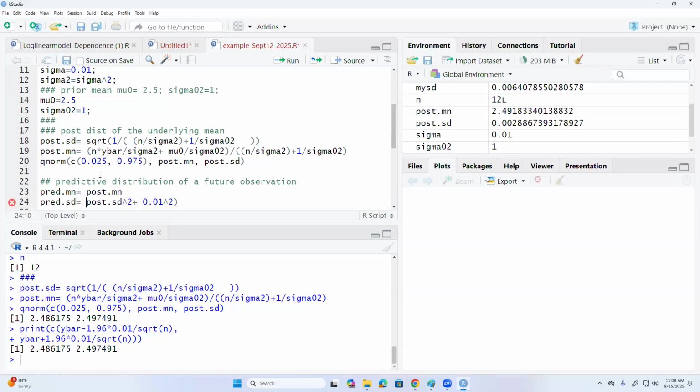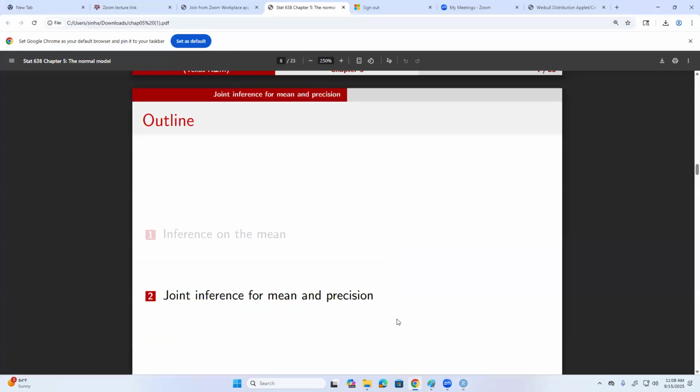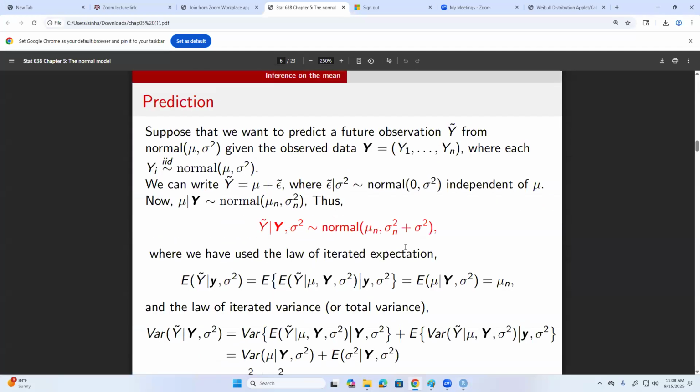And then square root of this. I'm writing the standard deviation. So this one is the variance part, right?